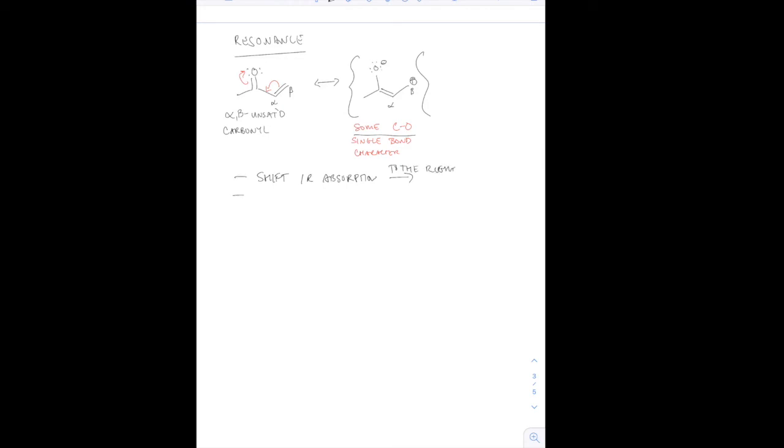Another way of saying that is the C-O bond is weaker, so weaker bonds absorb at lower frequencies, or lower wave numbers.